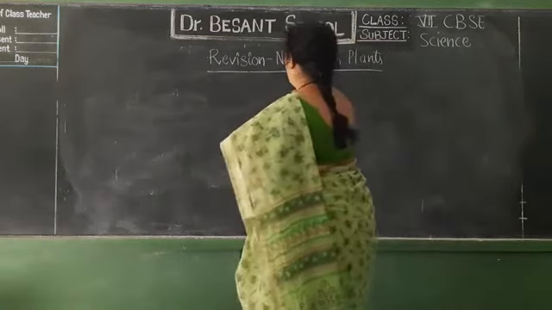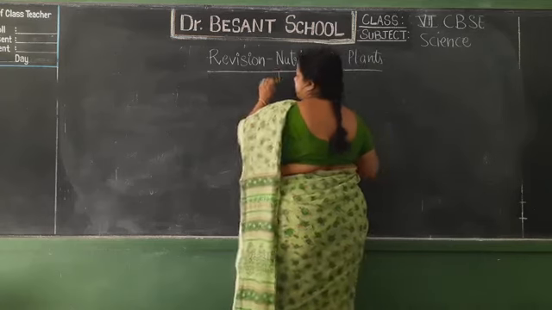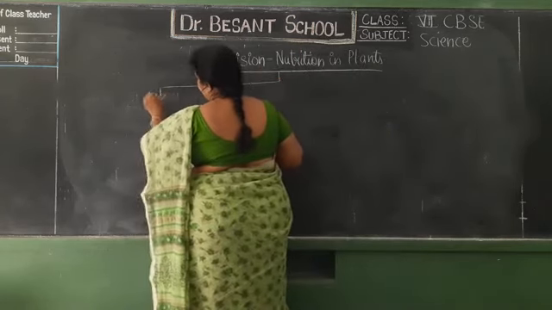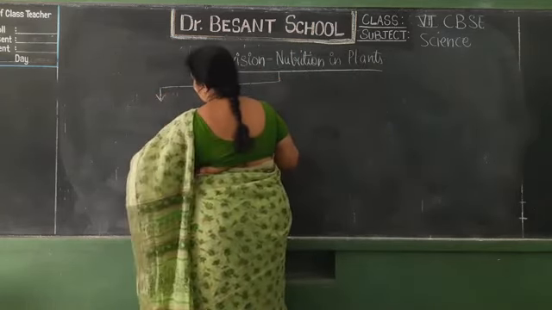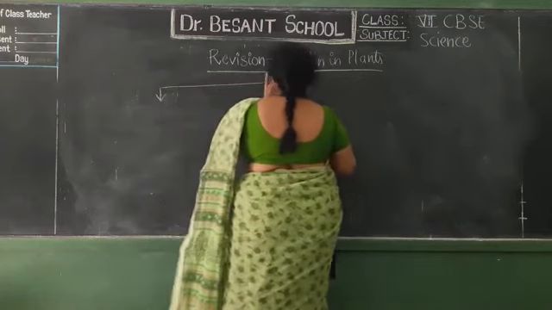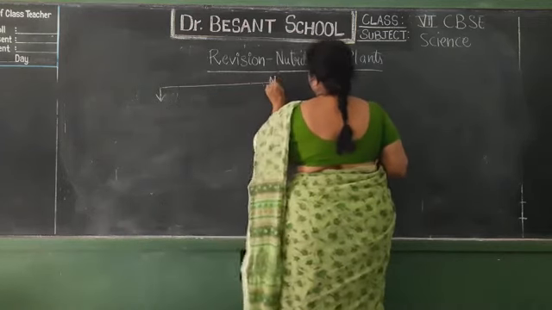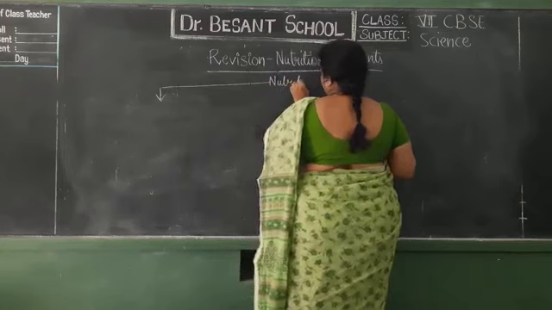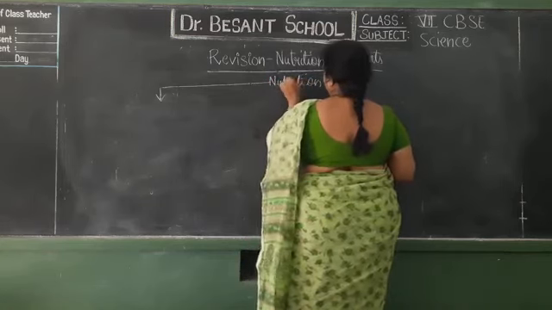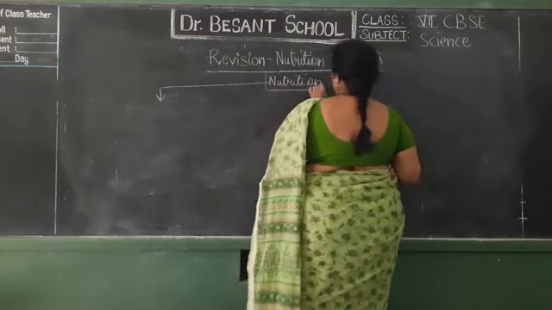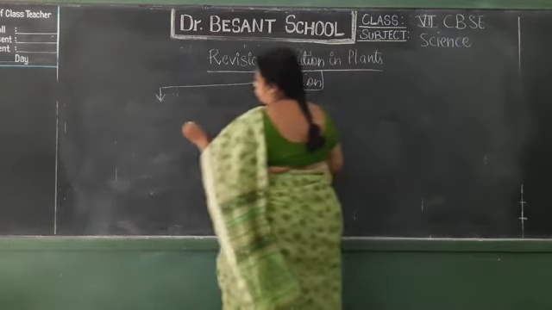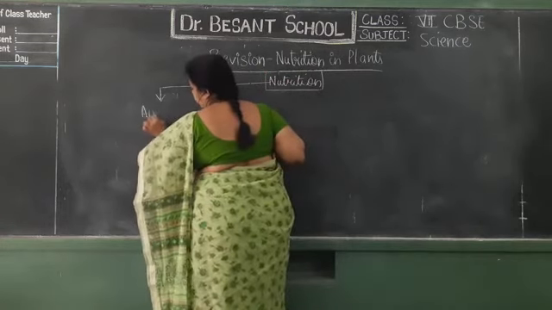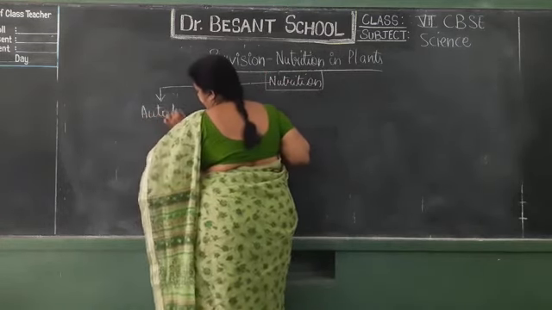Already yesterday in the previous videos, we have understood about the flow, about the nutrition, isn't it? About the nutrition types. So many times I have already told, so you all are very well aware. Among them, autotrophic, all of you know, it is the green plants.